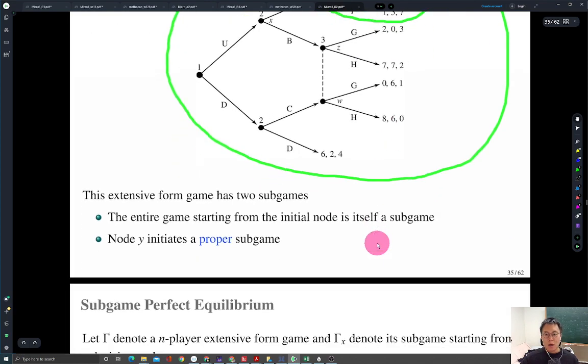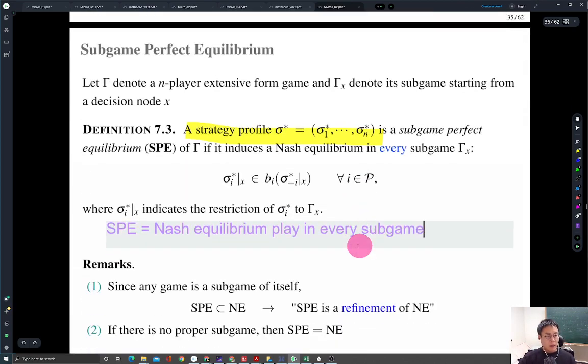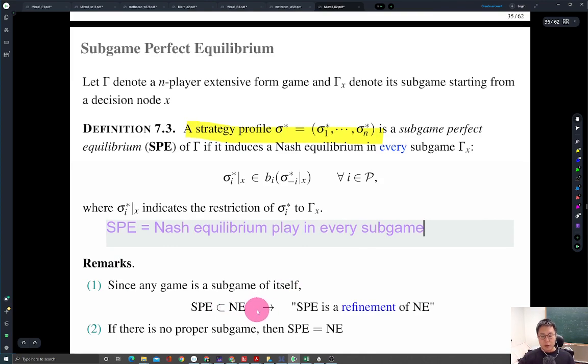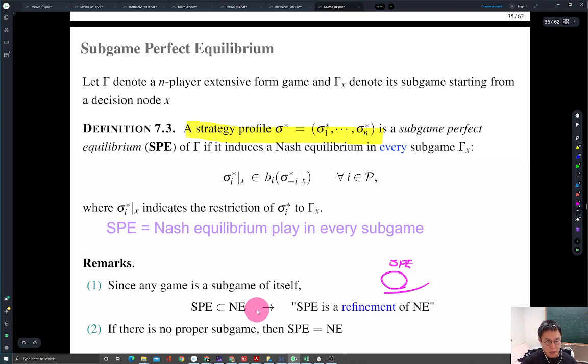So whenever a game has multiple subgames, we can see that subgame perfect equilibrium is a subset of Nash equilibrium. I mean, the set of SPE is going to be a subset of Nash equilibrium, as Nash equilibrium requires just one condition: rational behavior in the entire game.